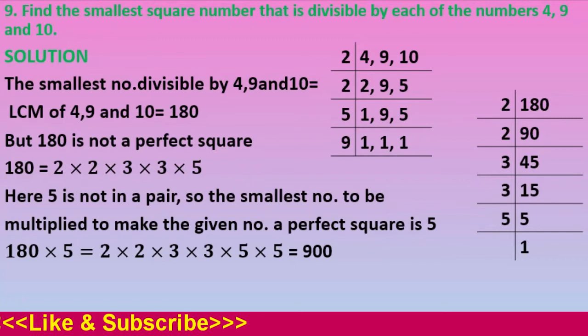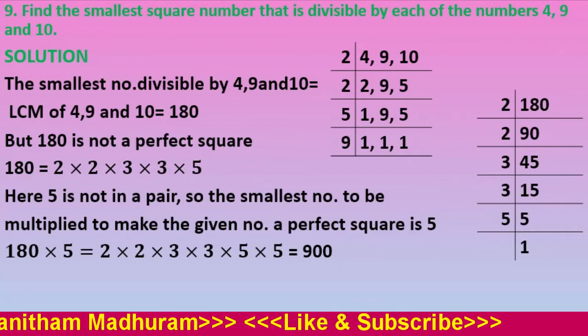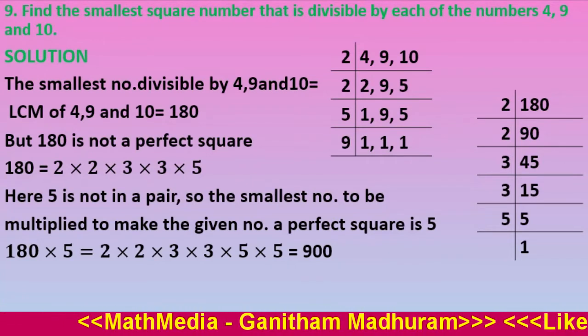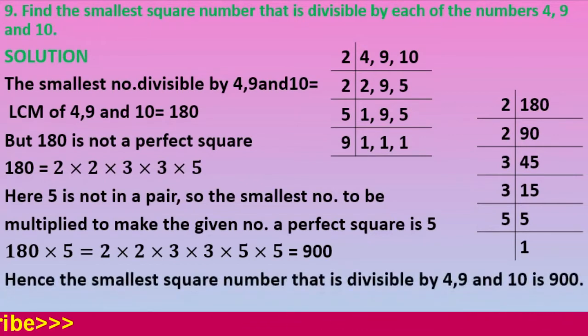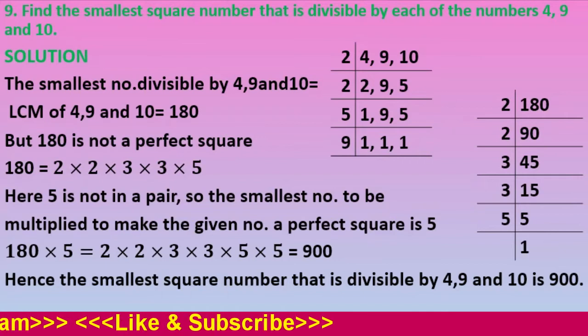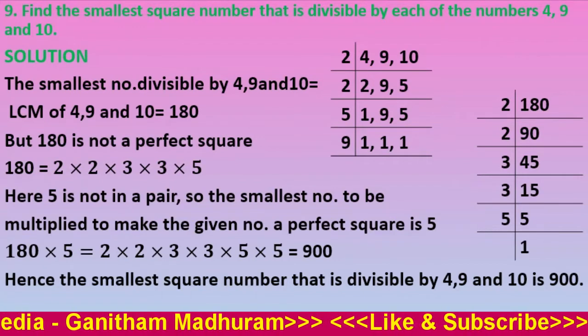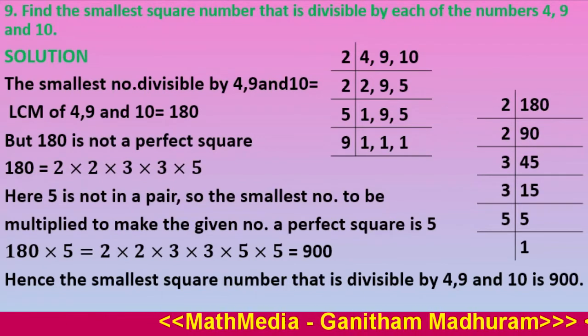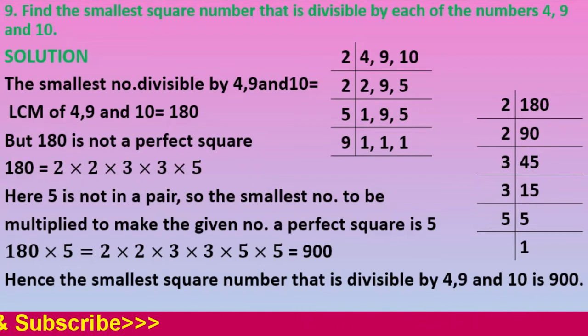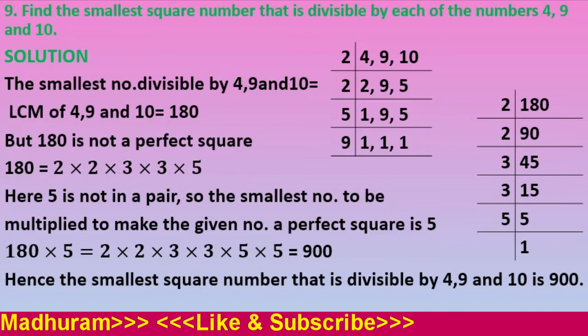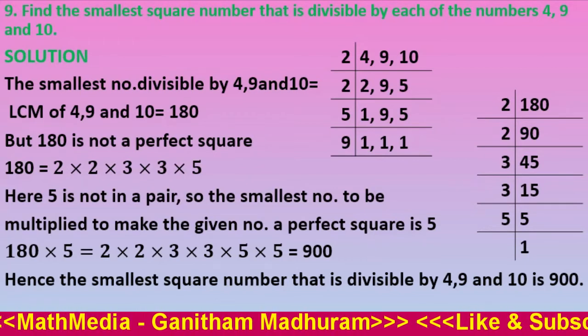So the smallest number to be multiplied to make the given number a perfect square is 5. Multiplying by 5, we get 900. Hence, the smallest square number that is divisible by 4, 9 and 10 is 900.